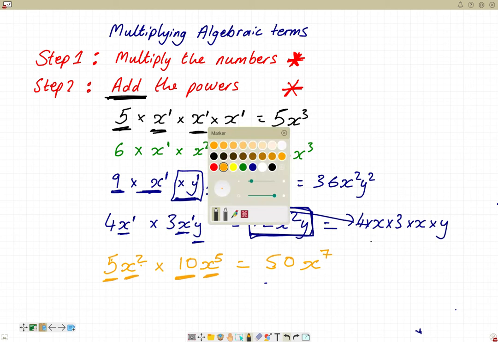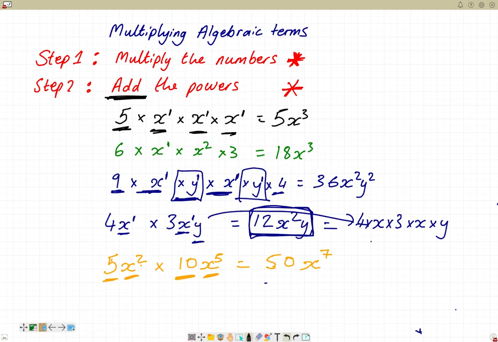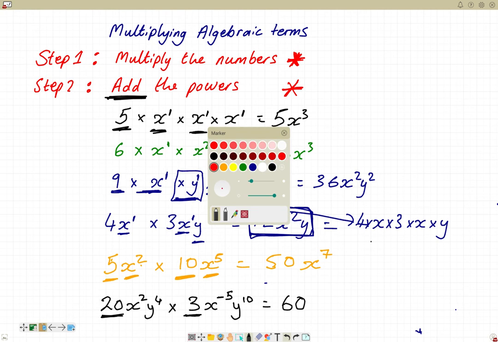Okay, let me try another one. Last couple. So let's say I have 20x squared y to the power of 4 times 3x to the power of minus 5 y to the power of 10. Okay, so multiply the numbers. 20 times 3 is 60. Now add the powers.